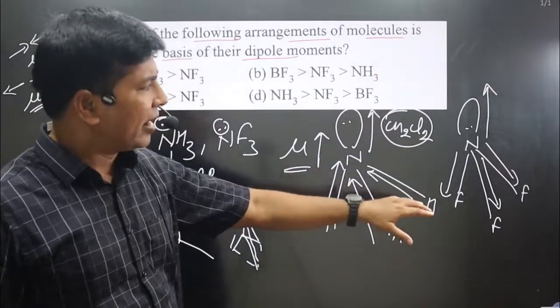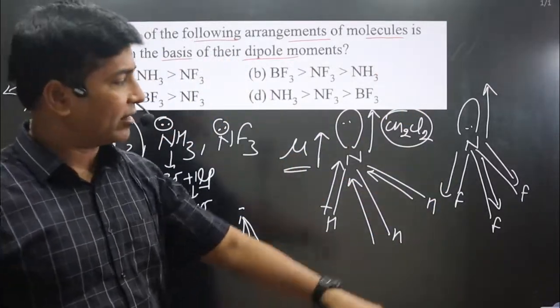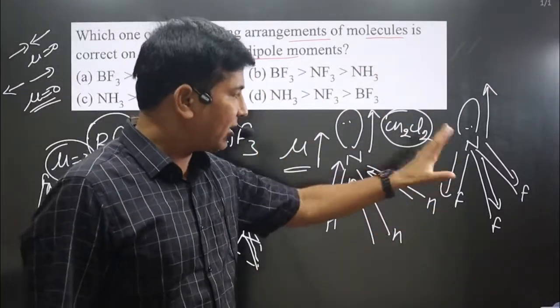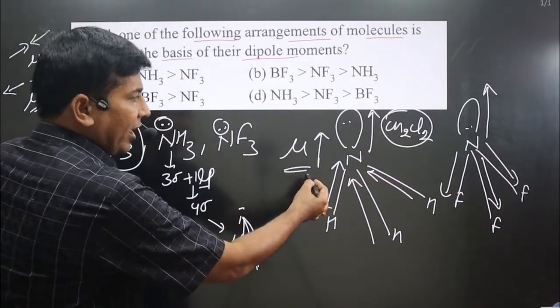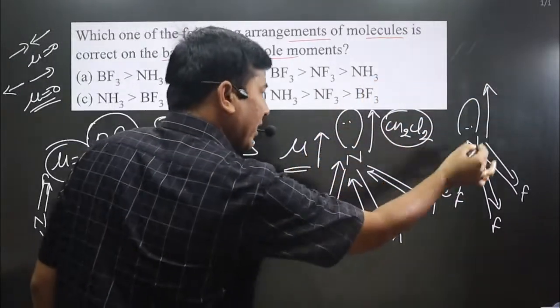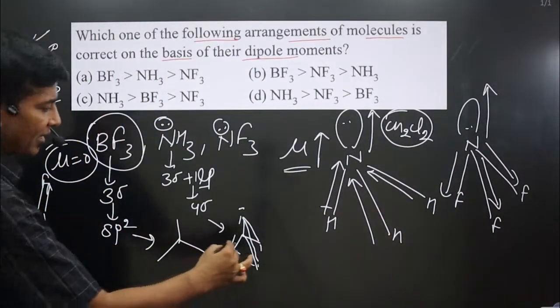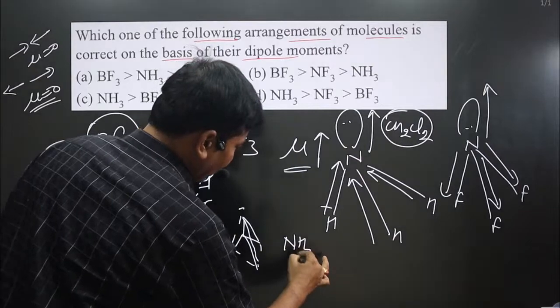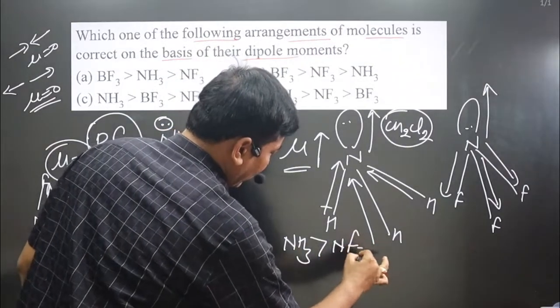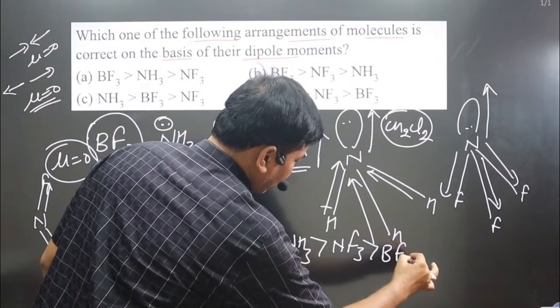Dipole moment is there and the lone pair is there. Obviously a dipole moment is there, but 100% cancellation will not be there. So we can say ammonia has a higher dipole moment than NF3, and BF3's dipole moment is 0. So what order are we getting? First NH3, then NF3, and then BF3.